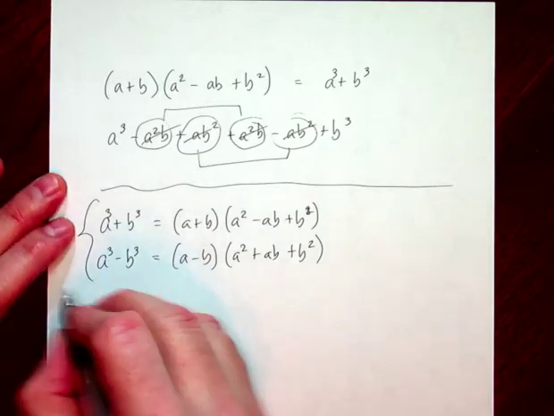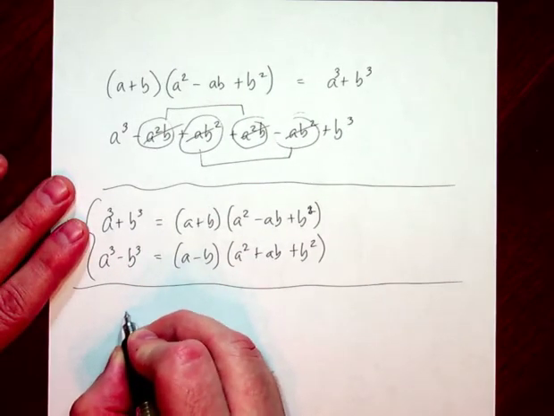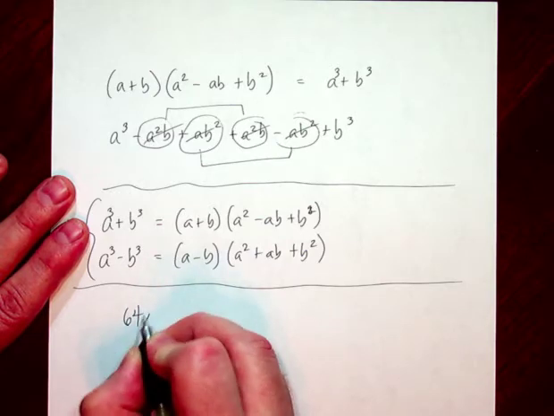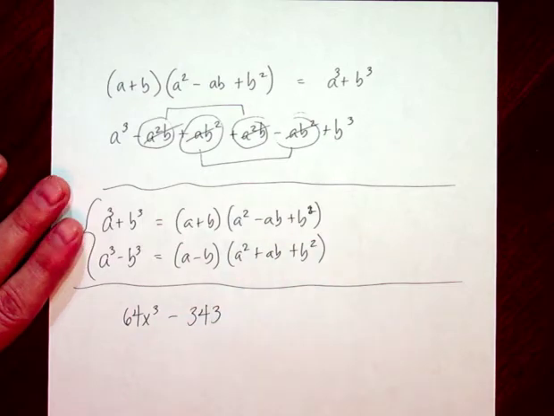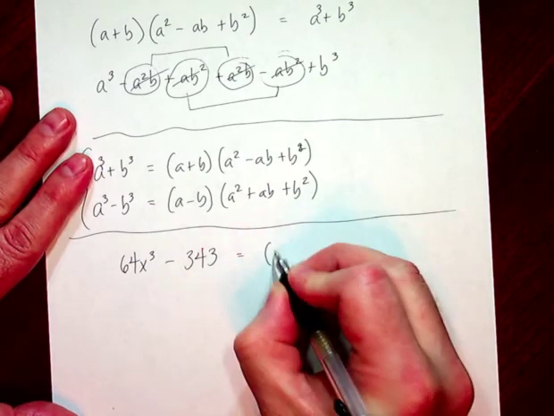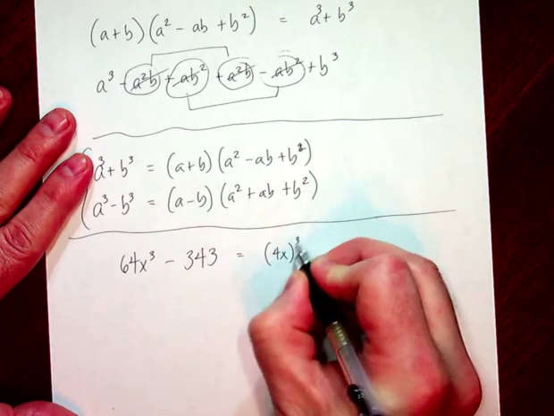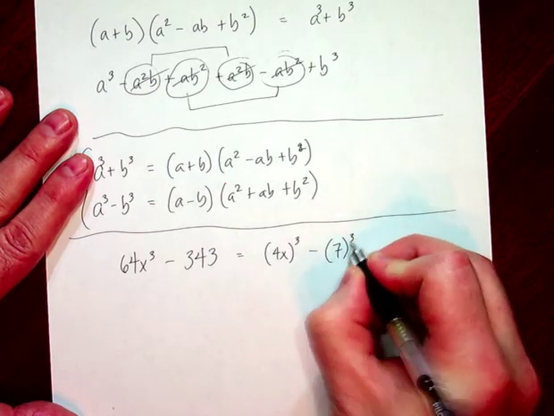So if you have something like, I don't know, let's say 64x cubed minus 343, just to make it obnoxious, right? What is being cubed in the first term? Well, 4x is being cubed in the first term. What's being cubed in the second term? Well, 7 is being cubed in the second term.